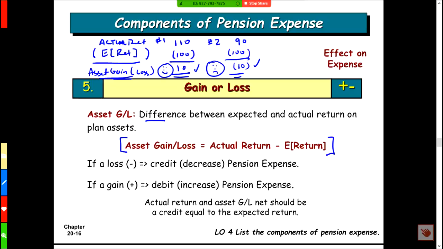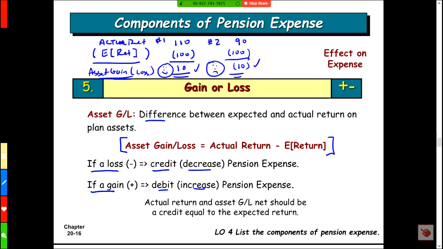All right, now here's the rule. The rule is a little bit counterintuitive and is easy to get flipped around. If it's a loss, credit or decrease pension expense. Wow, okay. If it's a gain, debit or increase pension expense.